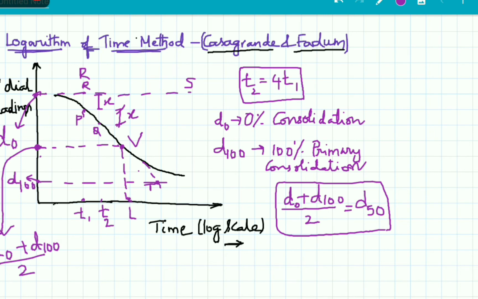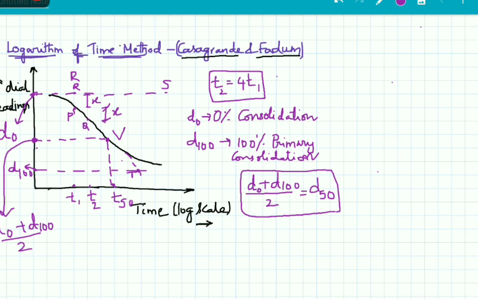The time corresponding to point V is T50, that is time for 50% consolidation. Now find C nu from the equation time factor equal to C nu into T by H square. So from this relation we obtain coefficient of consolidation equal to time factor into H square by T.